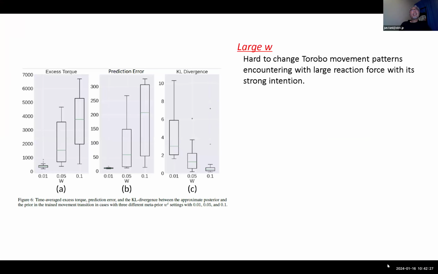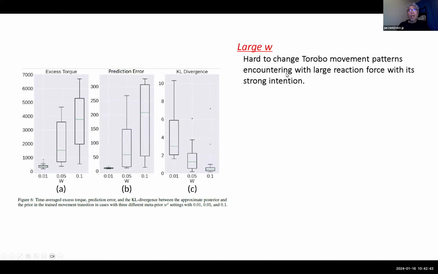What he observed is that when W is set large, it's very hard to change the robot's movement pattern, encountering a large reaction force with its strong intention.